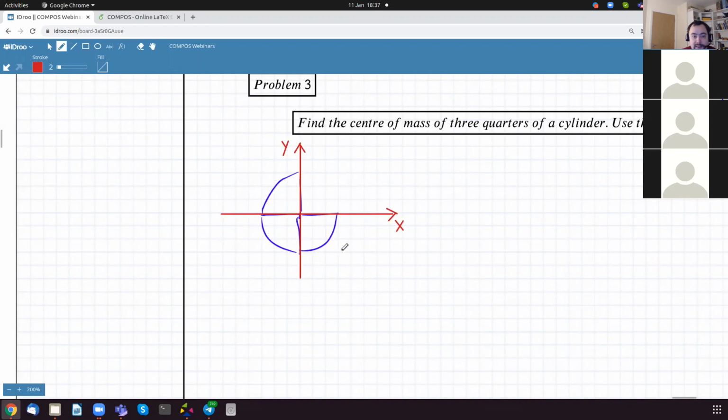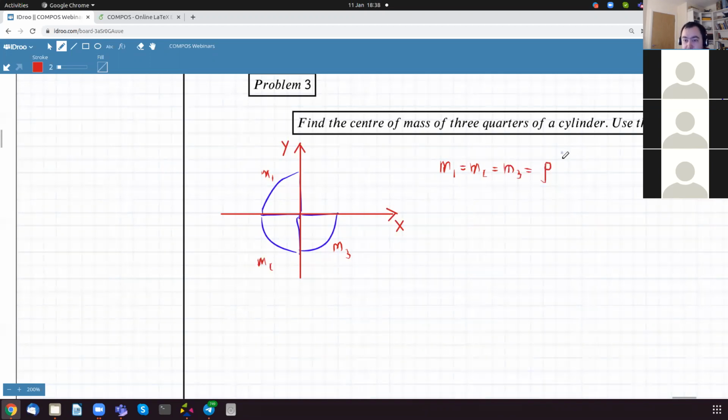And I know that these 3 masses are identical. Let's call them M1, M2, and M3. And we know that M1 is equal to M2 is equal to M3, and it's equal to density times area times length.